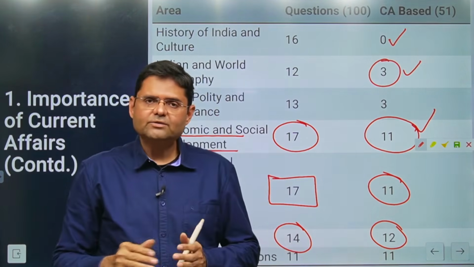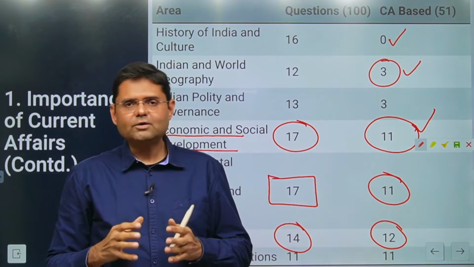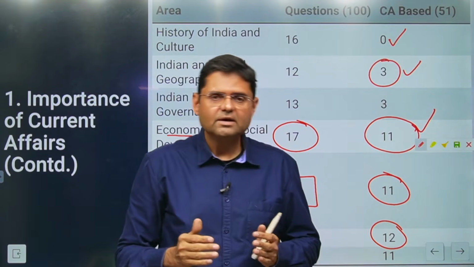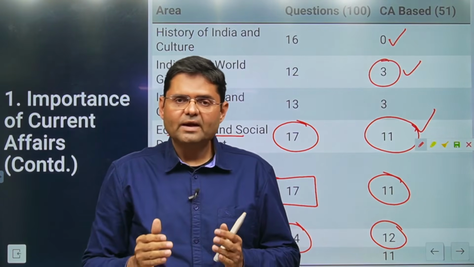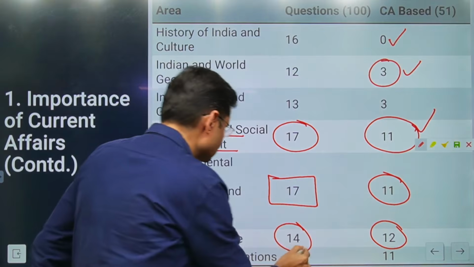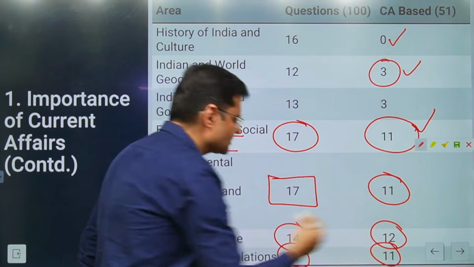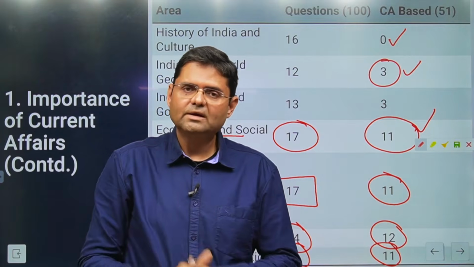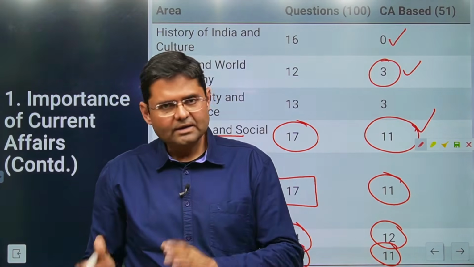And last year was a very surprising year where a lot of questions were asked on international relations and a couple of questions on international institutions, and all the 11 questions will be traced to what would have happened in the last year or year and a half.